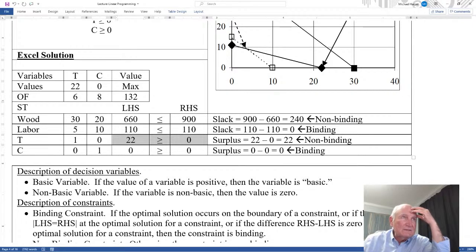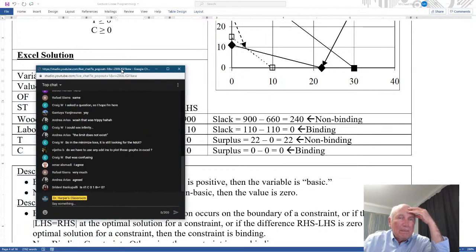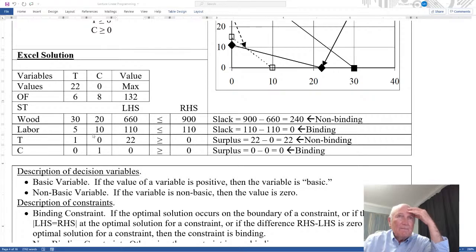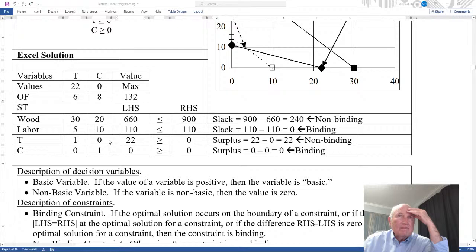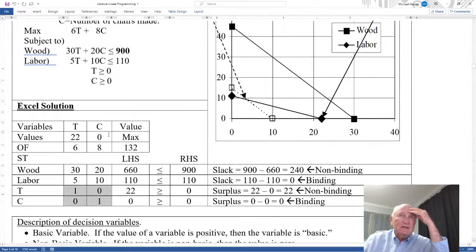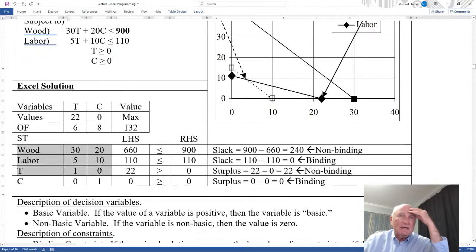Okay, isn't C 0, 1, 8? Nope. These are the coefficients. See, this is your constraint set down here. So 35 and C 10 here, T I mean.